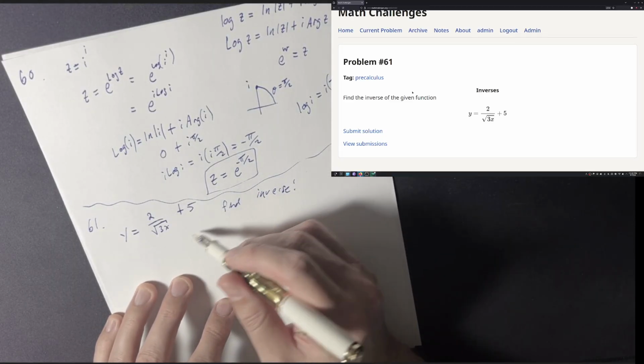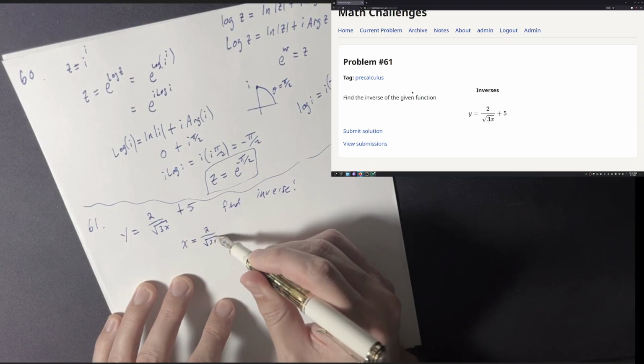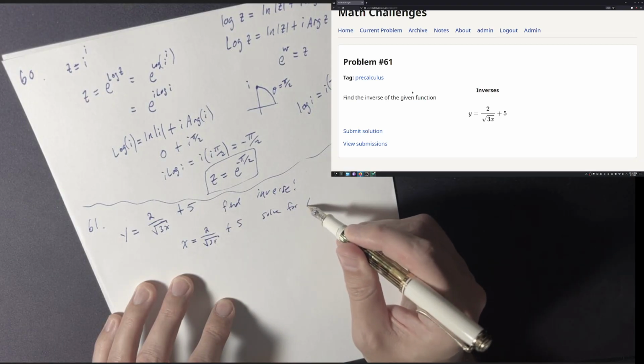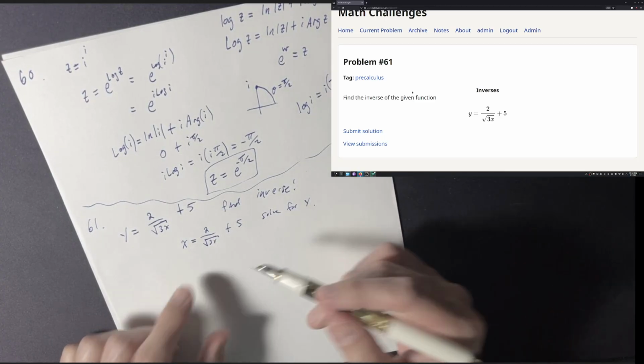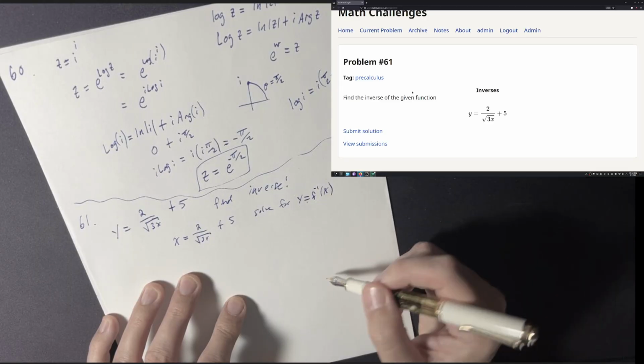Let's do that, I suppose. So we have x equals 2 over root 3y plus 5. Solve for y, and then you'll have a function in terms of x, and that'll be f inverse of x.